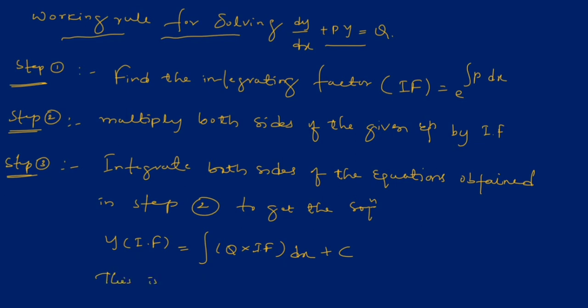This is the required solution. In the working rule, first we have to find the integrating factor, e to the power of integration p dx. Already we have the standard form, dy by dx plus py equals q, where p and q are functions of x, and y is the function of this equation and its derivative is dy by dx.